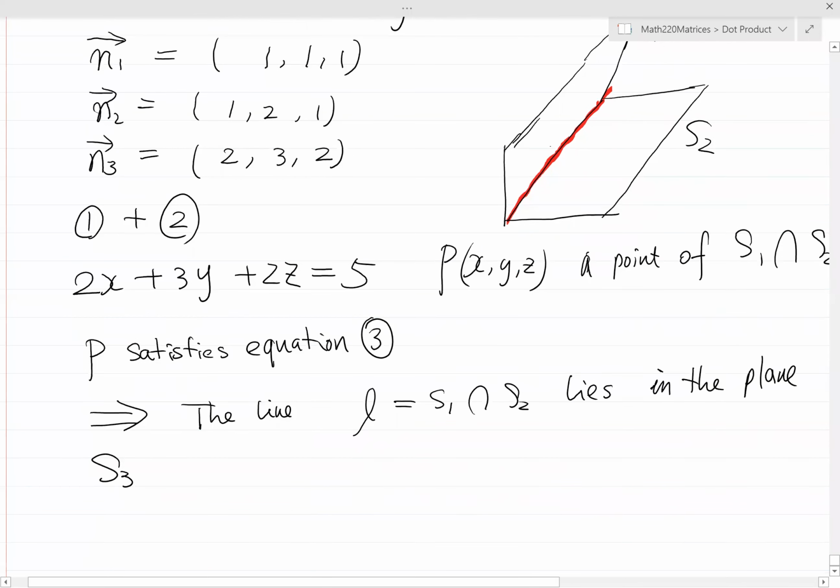So what's the solution set for this equation? What's the set of solutions to this equation? Anyone know?